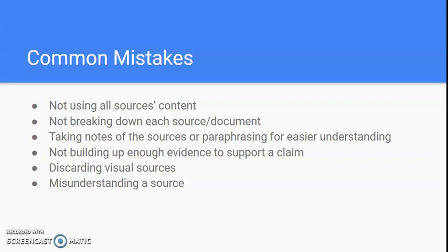Discarding visual sources or documents. Of course, I'm using them semi-loosely related because to me they feel like the same thing, though that may be different to someone else. Just because they give you a picture doesn't mean you can just throw it away.